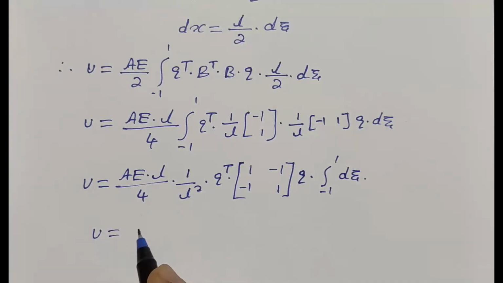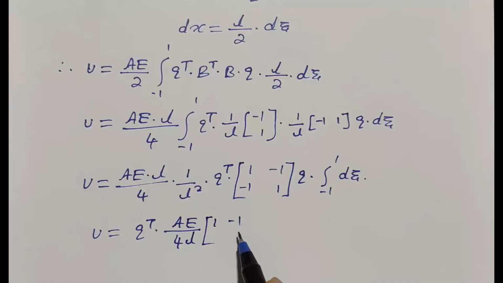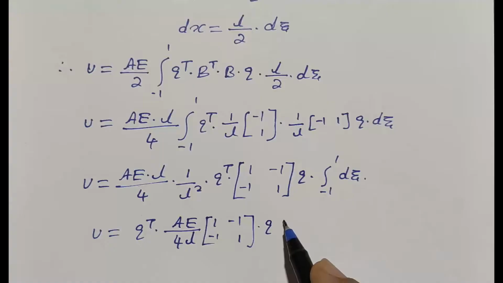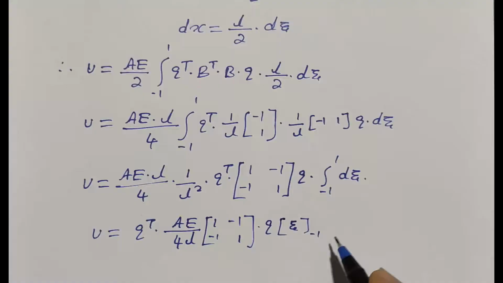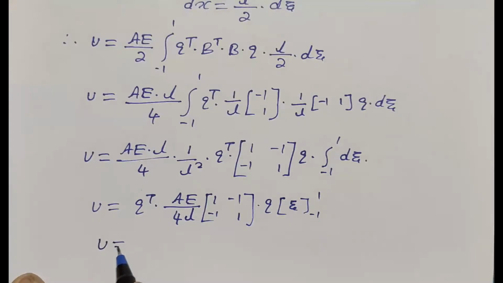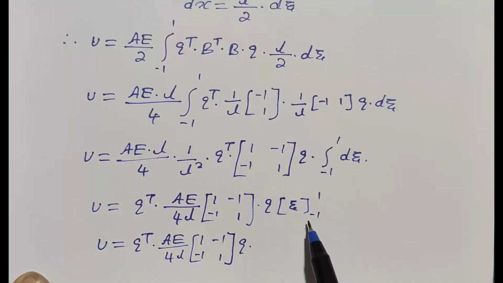Simplify this: Q transpose AE by 4L [1 minus 1; minus 1 1] into Q. If you integrate, it becomes zeta, it varies from minus 1 to plus 1. If you substitute the limit, you will get 2.